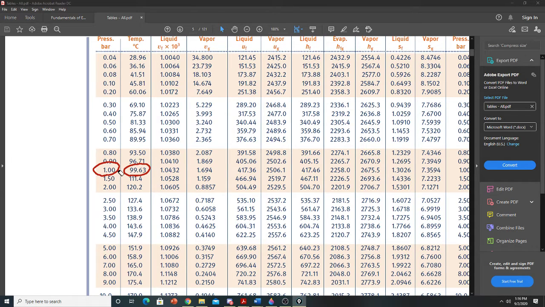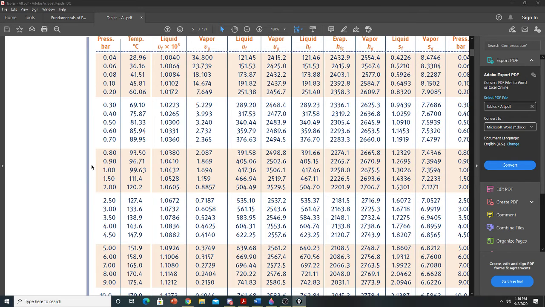If you're in the saturated region and you're given a quality and a pressure, you already know all 3 of them, because you're given a pressure and a temperature, right? So we do actually know it. When you're in the saturated region, you still need 2 intensive properties, but temperature and pressure aren't the only things you need.